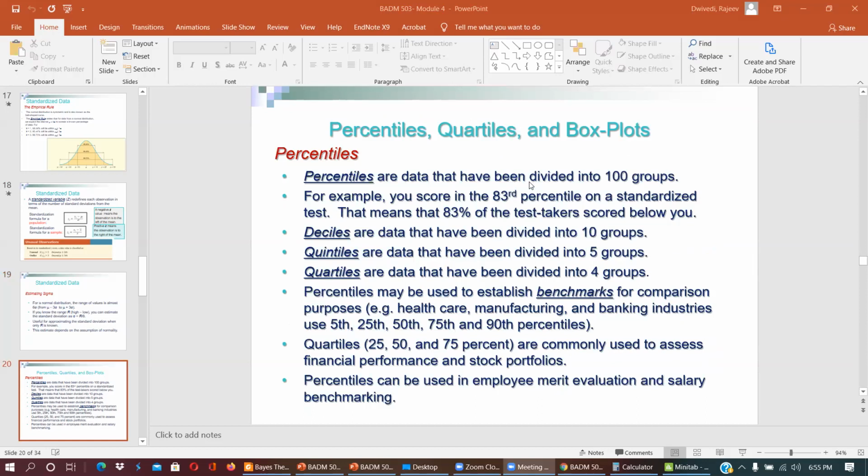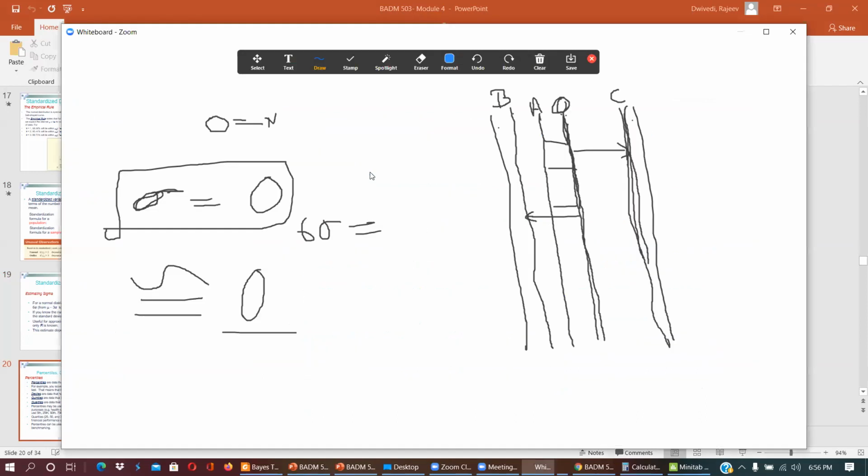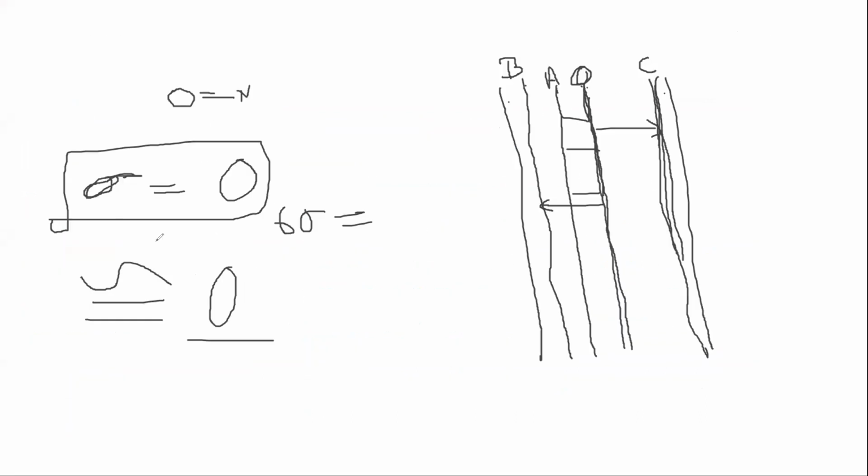Now we are coming to another important part, which is called percentile. Percentile, decile, quartiles, quintiles. So a very simple explanation I would like to give. For example, this entire data has been arranged in increasing order. If you put this into two pieces, 50% is here, 50 is here.